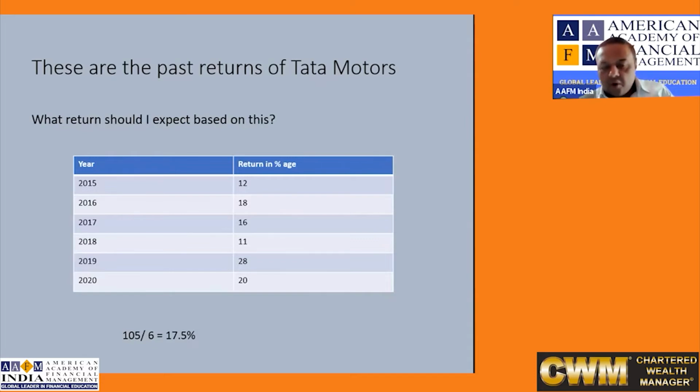What I did was I found the average return, and we just said average is what we should expect. So average is 17.5. So each year I can find deviation from average, how much it is deviating on the positive or negative side from the average. So first year it will be 12 minus 17.5, that is minus 5.5.